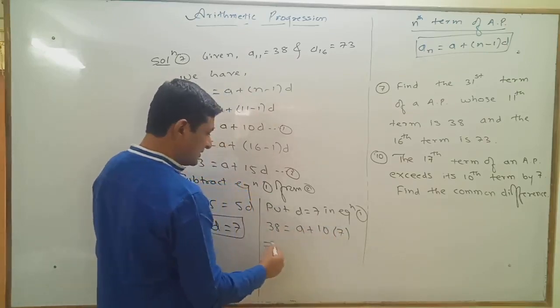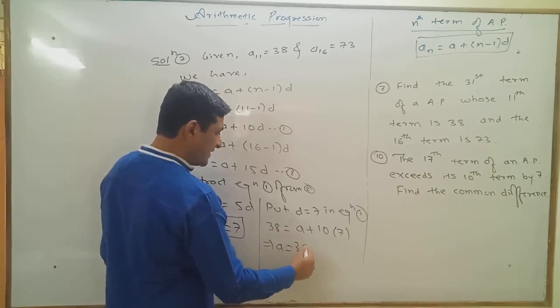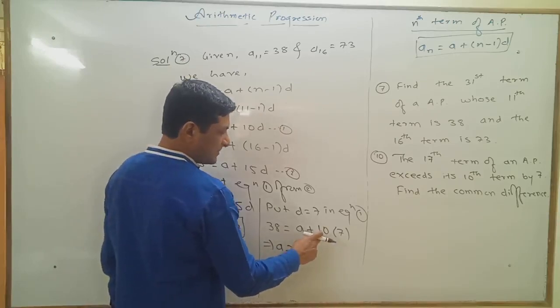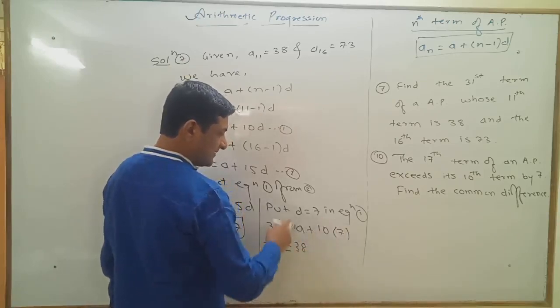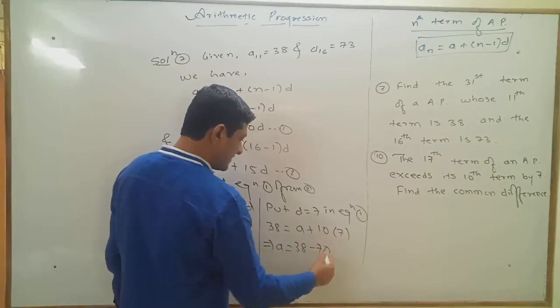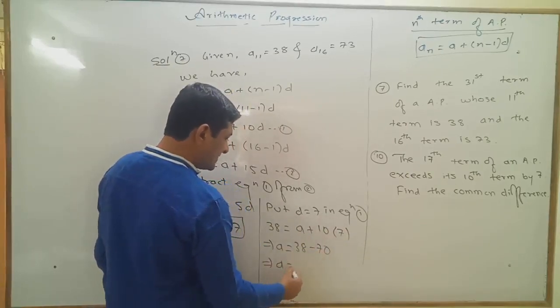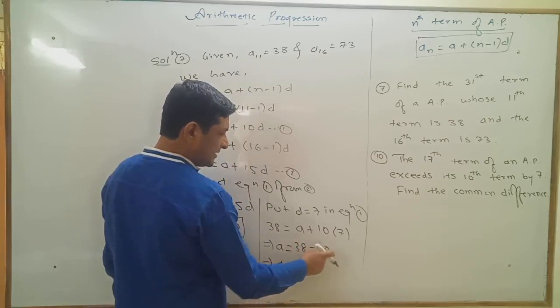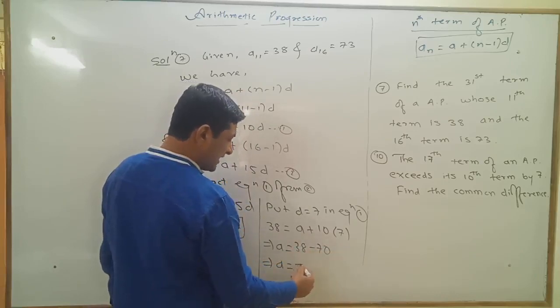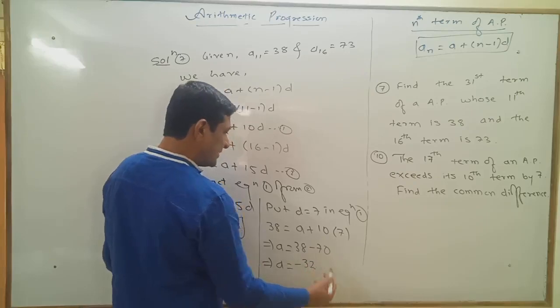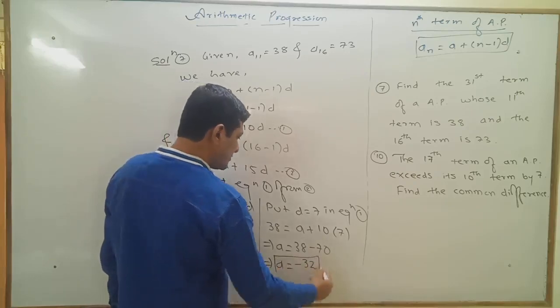So this implies that a is equal to 38, 10 into 7 is 70, and 70 on this side will become minus 70. So a is equal to 38 minus 70, which equals minus 32. So the value of a is also known to us.